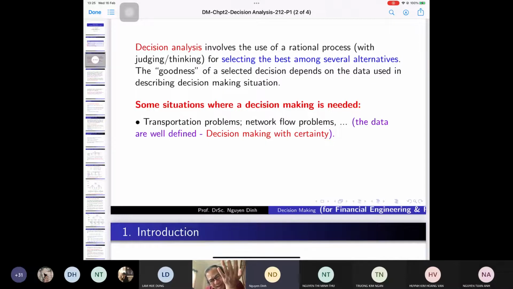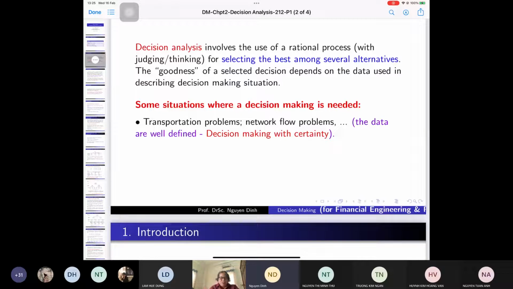The best is not the optimal. You have studied optimization, but the best here does not mean optimal. It is the best from some point of view.